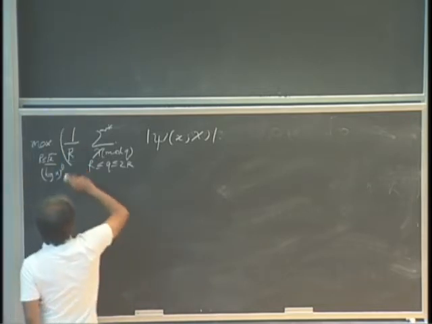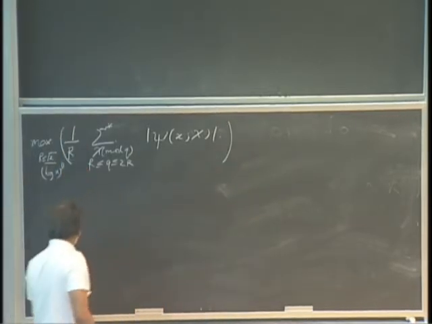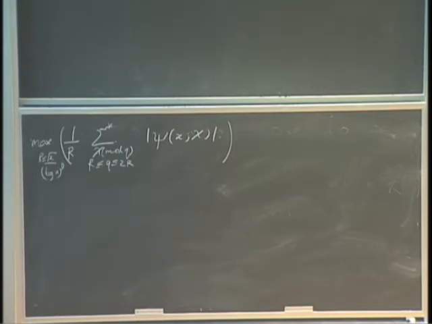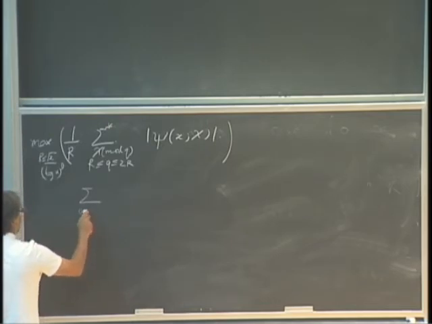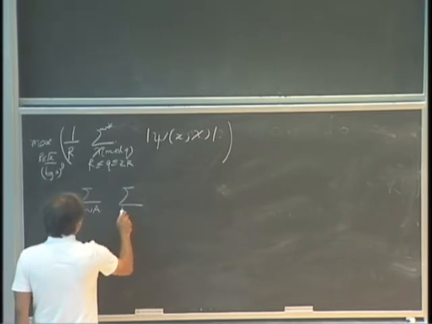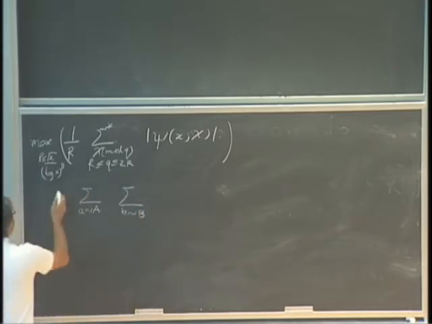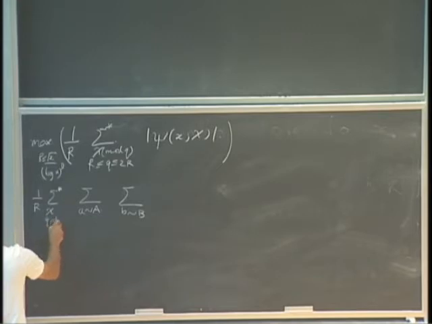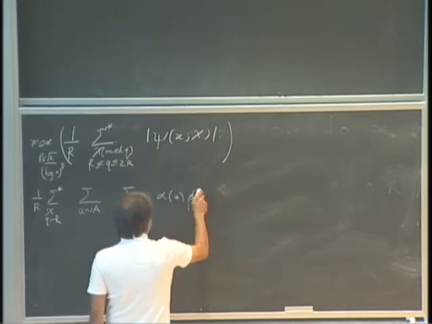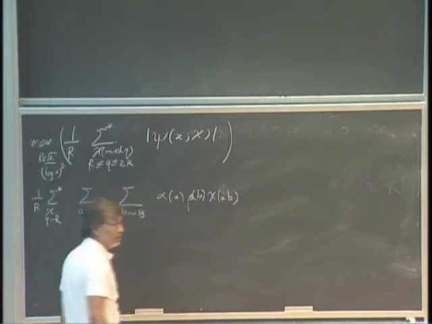And then we made the following observation: if, instead of having one sum over primes, you had a bilinear sum over a of size a, so let's say this squiggly thing means that a is between capital A and twice capital A, and then a sum over b of size capital B, and then a sum over characters with q of size r, and then something like alpha A, beta B, chi AB, right?